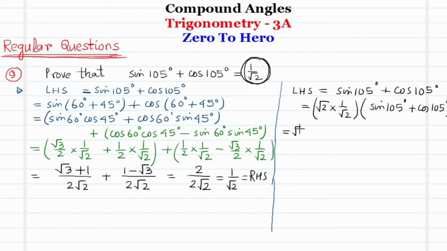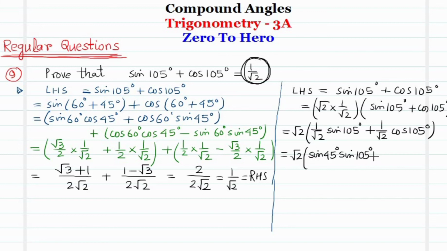So root 2 outside, 1 by root 2 sin 105, 1 by root 2 cos 105. That is equal to root 2 into sin 45 sin 105 plus cos 45 cos 105. Now it's time to rearrange the terms.